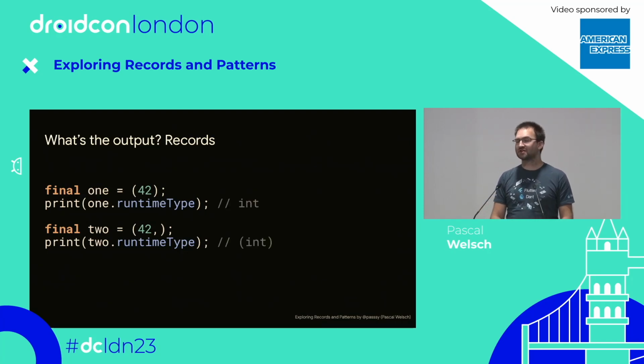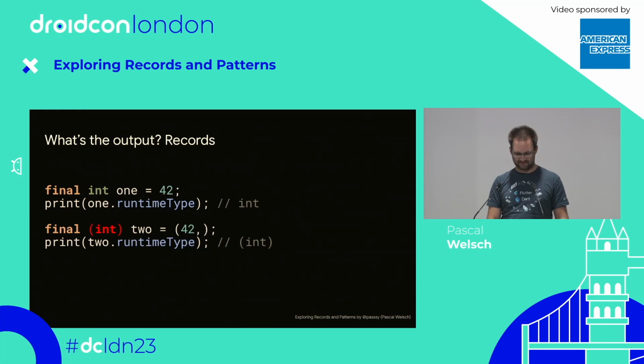The first one, of course, is just an integer, because parentheses mean nothing. They can just be removed. At the bottom one, we have this comma, and the comma tells us this is a record and not just parentheses around an integer. So the bottom one is a record, the top one is just a plain integer. The same is true for the type.